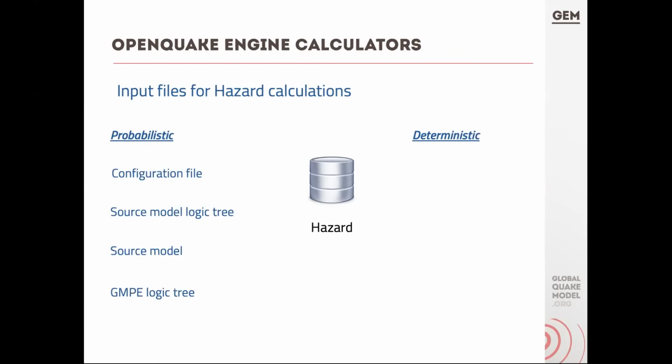And these four files are the same for probabilistic risk, risk based on PSHA, and for the stochastic catalog. So the input files are the same. The ones that we are going to use in the next exercise will be the same that you used today in the PSHA.